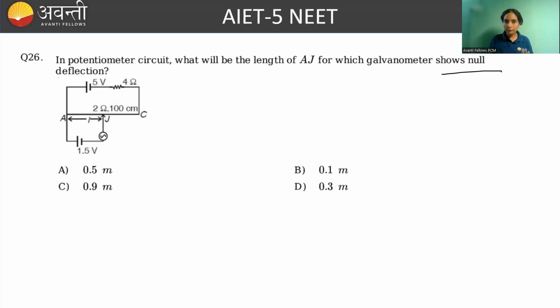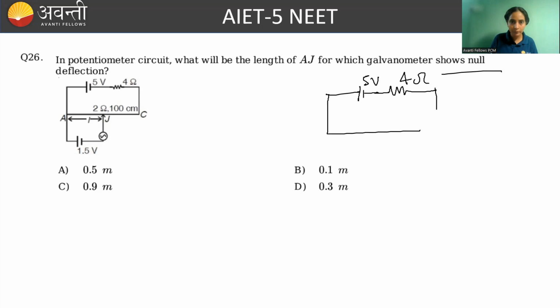If you have not done it, I will be really disappointed. So I have told you, if you have to solve a potentiometer circuit, treat it as the sum of two circuits. So first circuit, potentiometer circuit. Here you write, this is 5 volt and this is your resistance 4 ohm, and after that there is a wire. Okay?